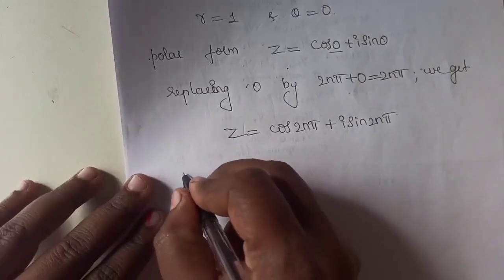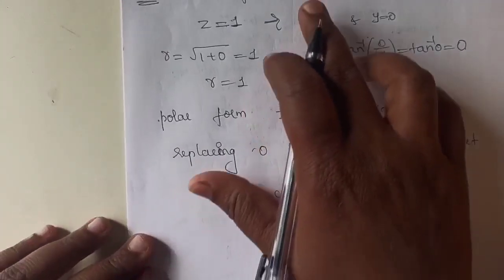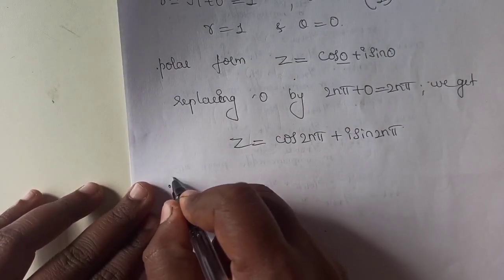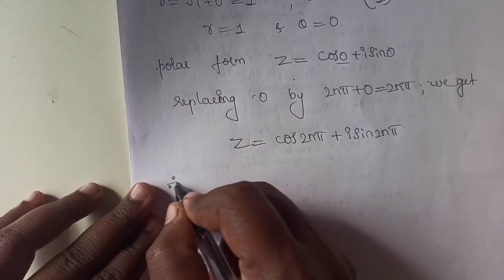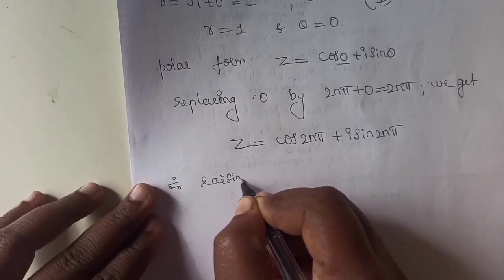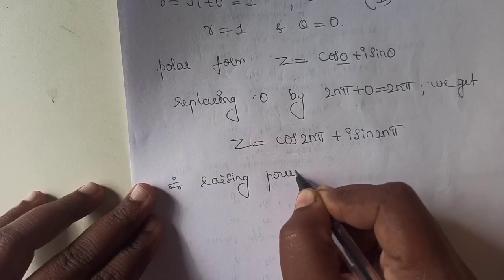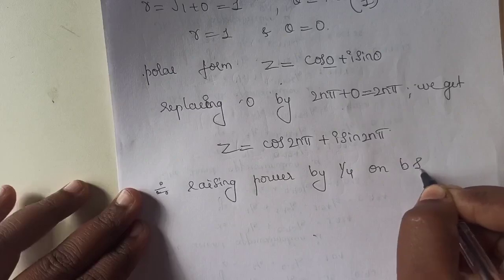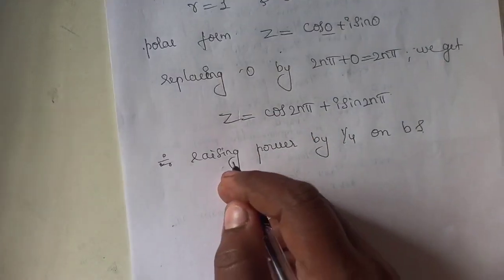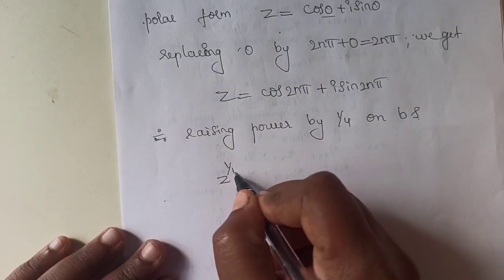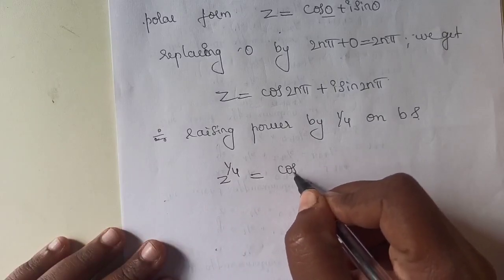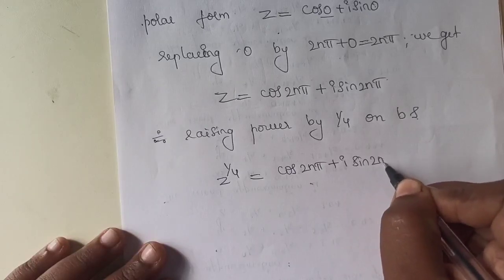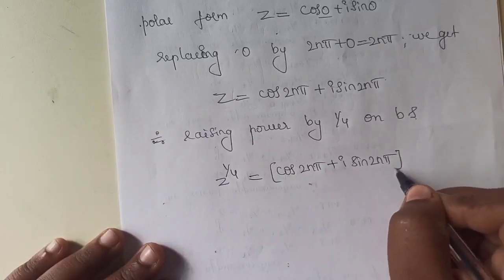So, we want to calculate the fourth root of unity, that is 1 power 1 by 4. Therefore, we raise the power by 1 by 4 on both sides. We get z power 1 by 4 equals cos 2n pi plus i sin 2n pi, all power 1 by 4.